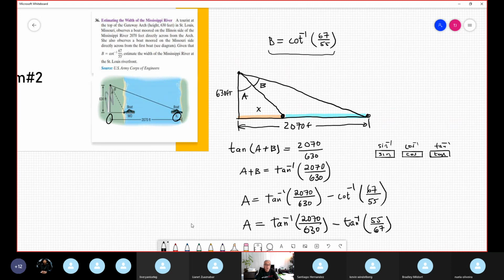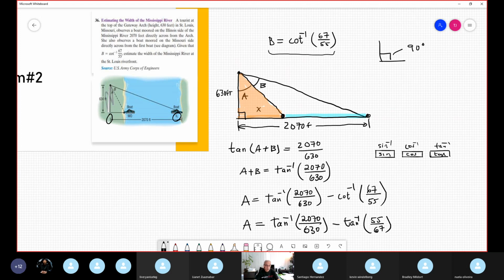Okay, but it's easy because I focus now on this triangle. Look. Okay, by the way, it's a right triangle. This corner is 90 degrees. So this small square indicates a 90-degree angle, no?